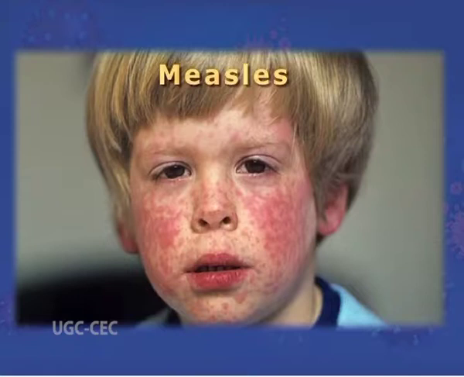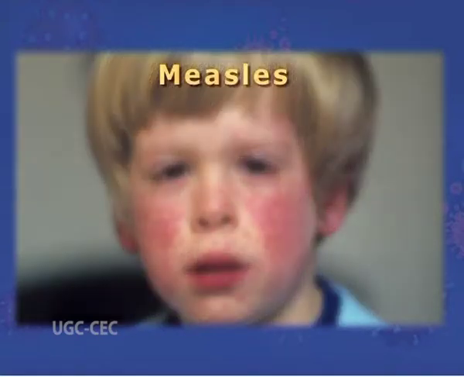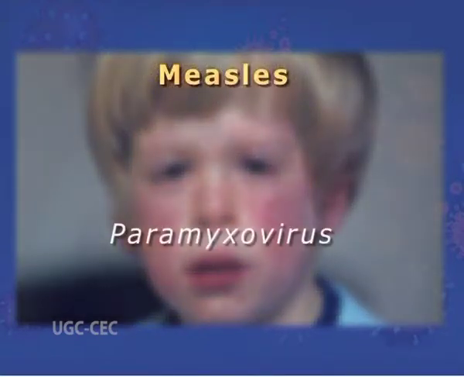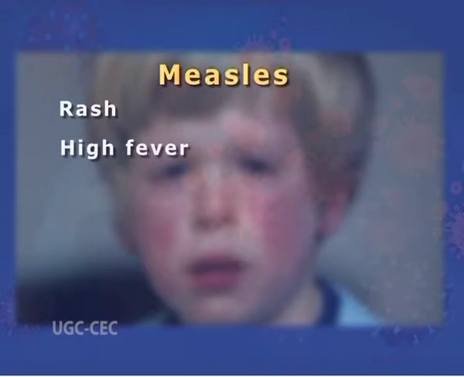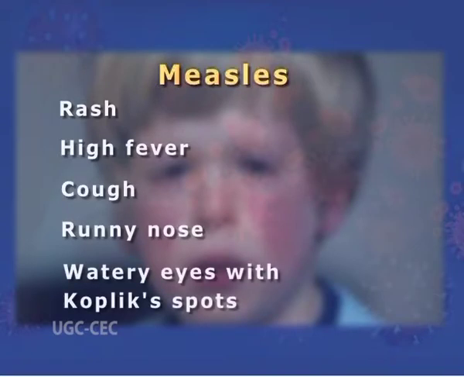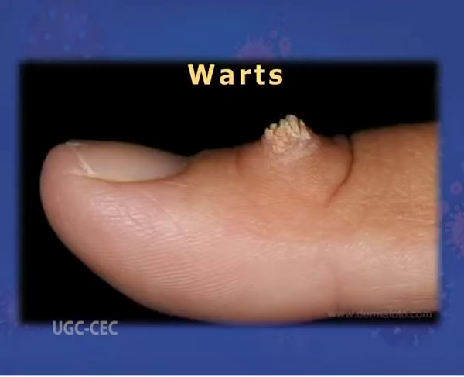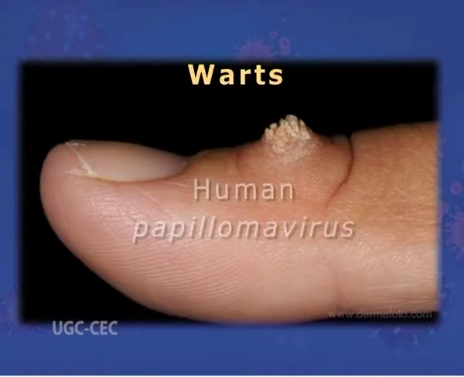Measles, causative agent paramyxovirus. Symptoms: infected children will have a rash, high fever, cough, runny nose and watery eyes with complex spots. Warts: causative agent human papillomavirus.